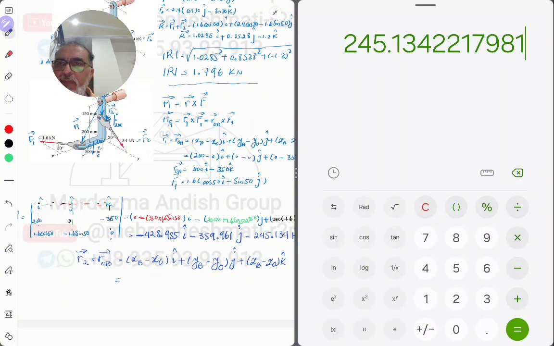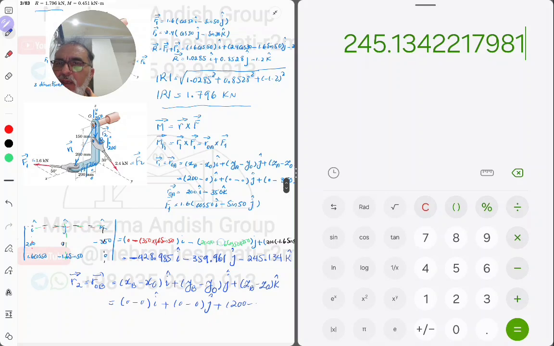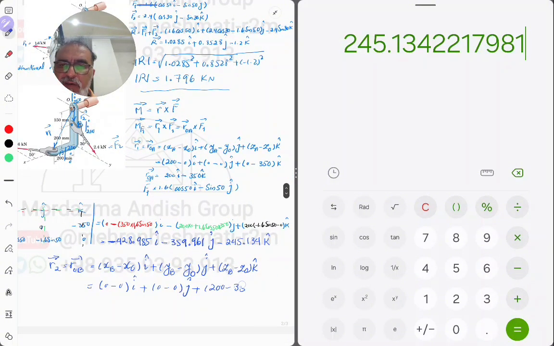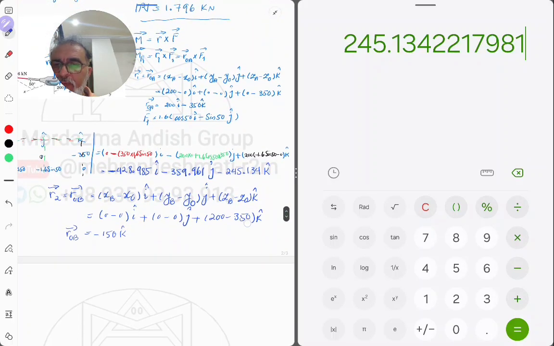So XB 0 minus 0 i, YB 0 minus 0 j, ZB 200 minus 350 k, means minus 150k, R of OB.